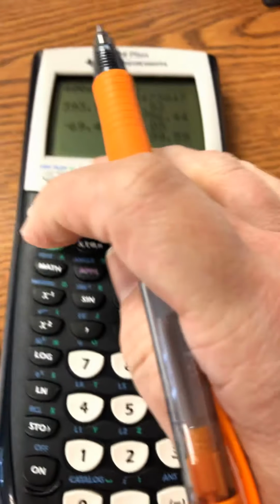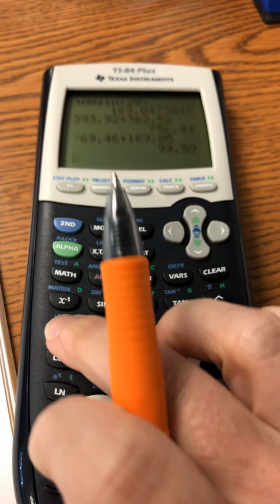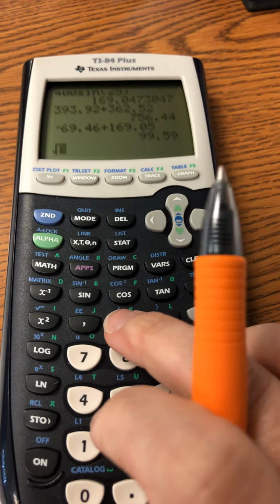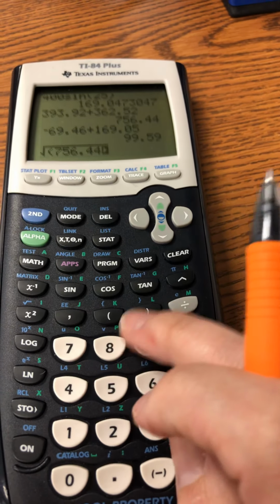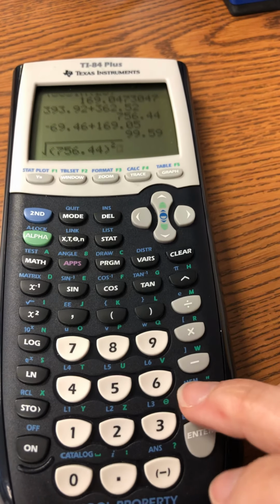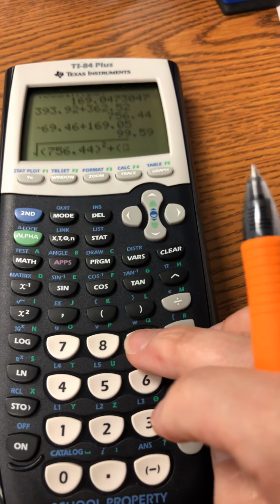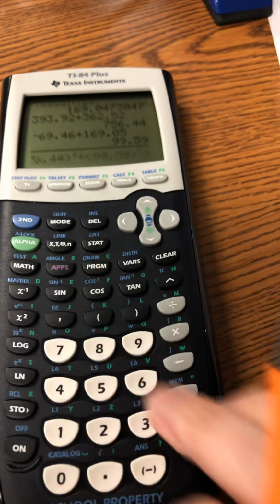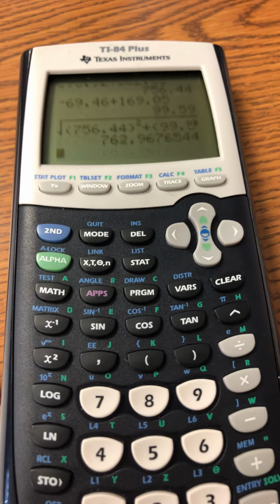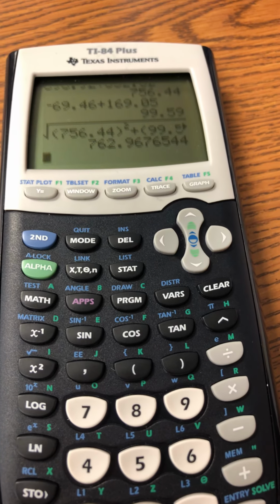Okay, so let's go over here and do second square root, and we're going to do 756 and 44 hundredths squared plus 99 and 59 hundredths squared. Okay, what are we going to get? 762 and 97 hundredths.